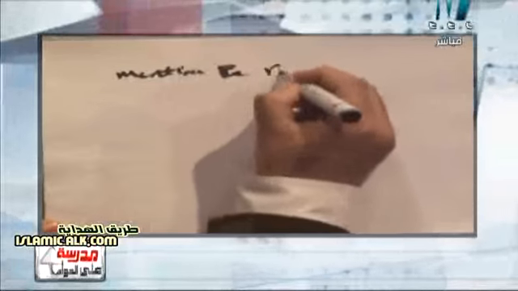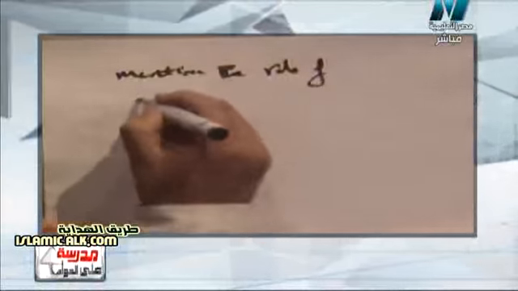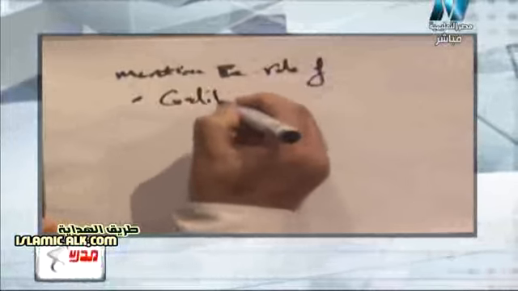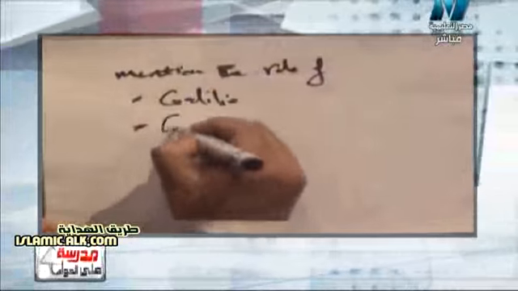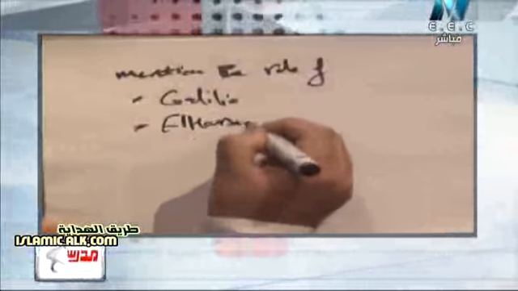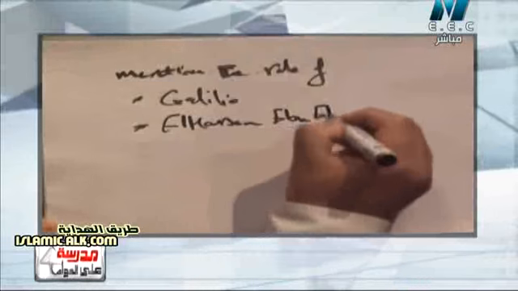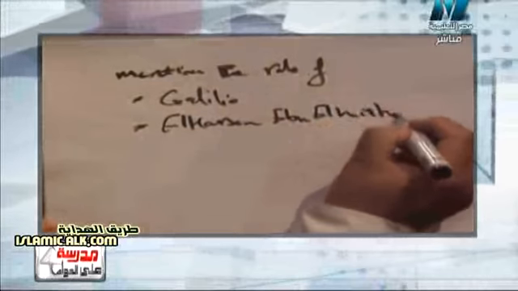The question says that mention the role of number 1 Galileo, number 2 Al-Hassan ibn al-Haytham, number 3 Hubble.